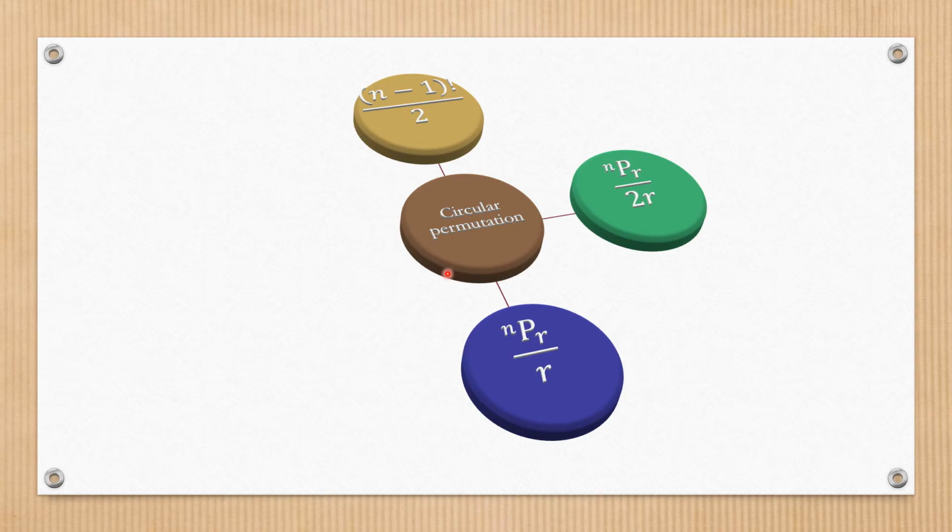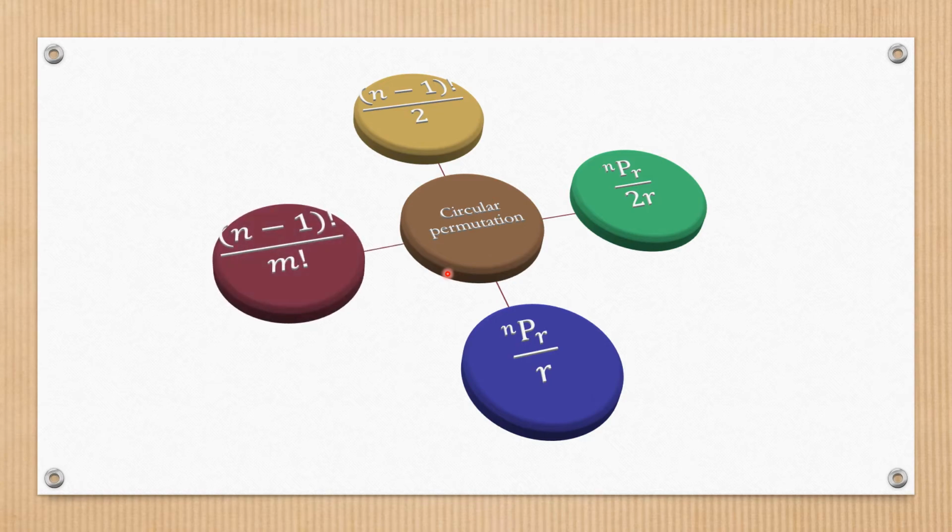And the last, the number of circular arrangements of n objects of which m objects are identical is given by (n minus 1) factorial upon m factorial. Okay, so these are some conditions where we have to use which type of formula. So let's see some examples.